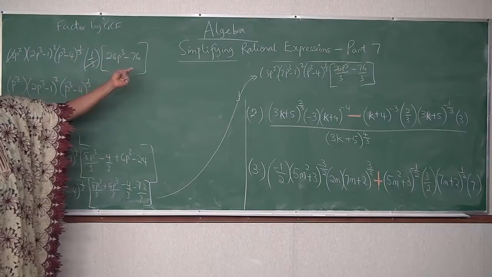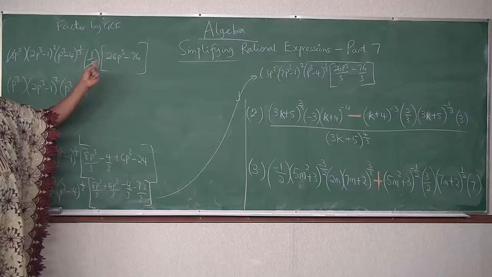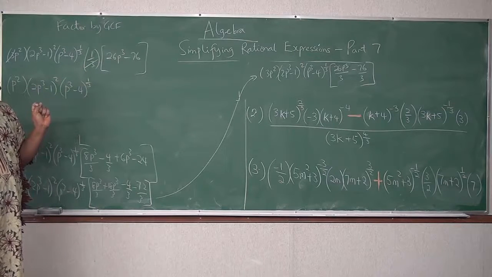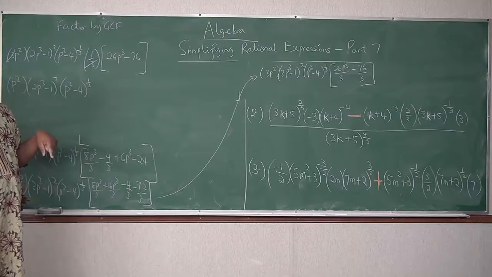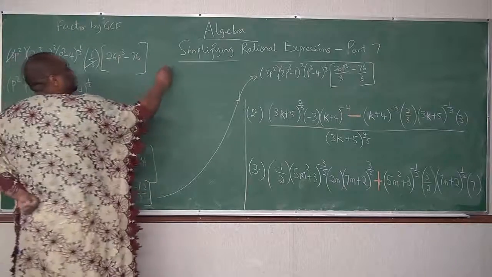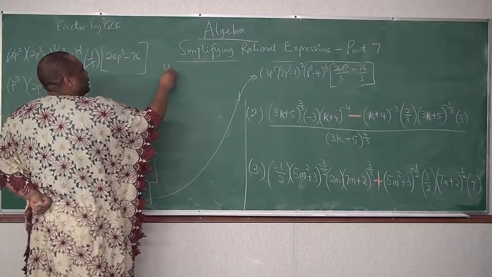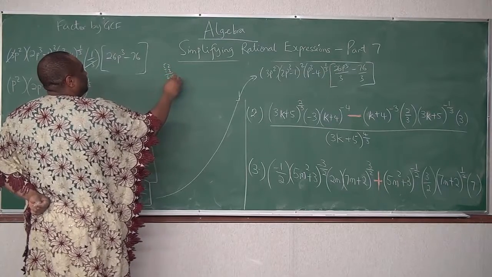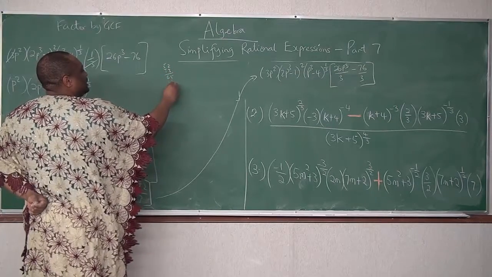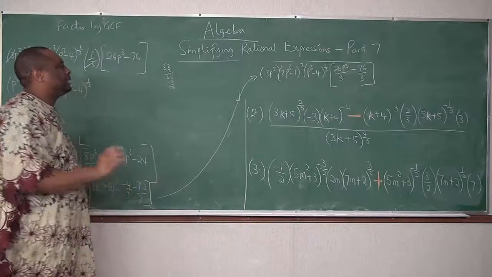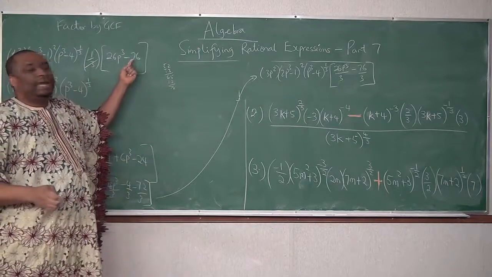26 and 76. Can 13 divide 76? 13 times 2 is 26, 39, 52, 65, plus 13 is 78. So it won't work. 13 cannot divide 76.